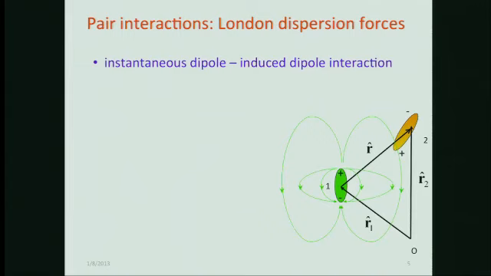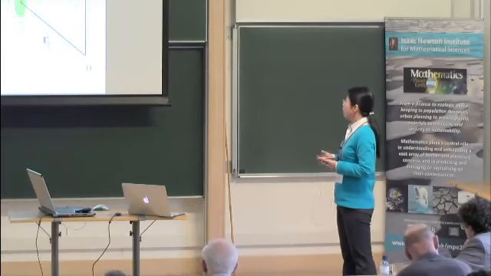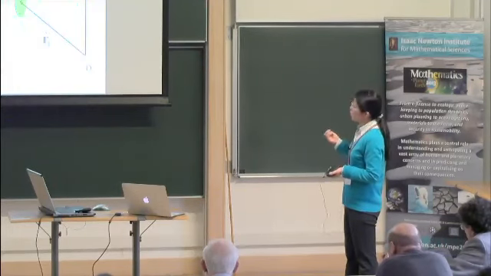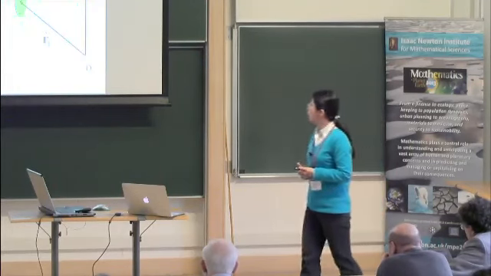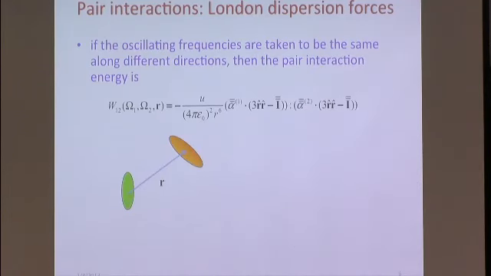Then the second molecule will feel the dipole that appeared in the first molecule, and its positive and negative charges will also separate, which results in electrostatic attraction between the two particles.